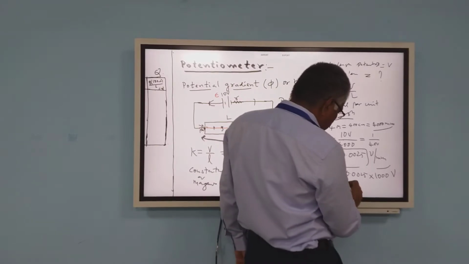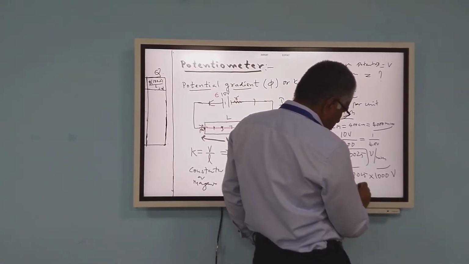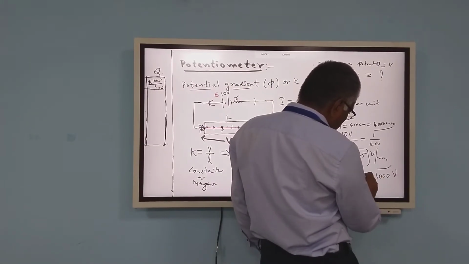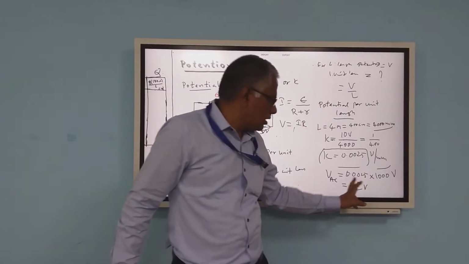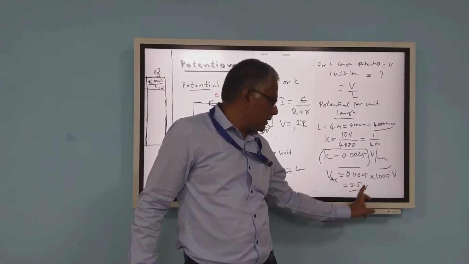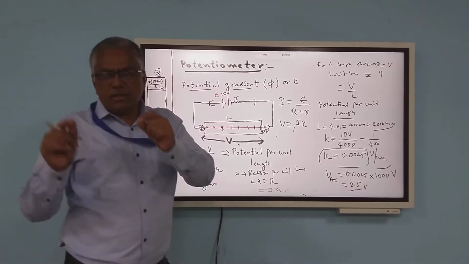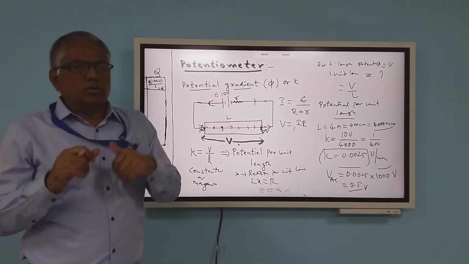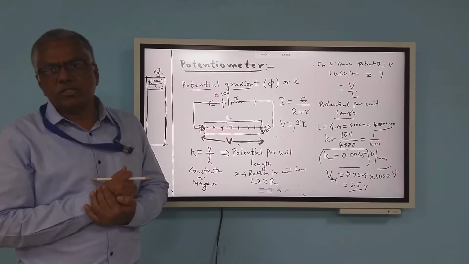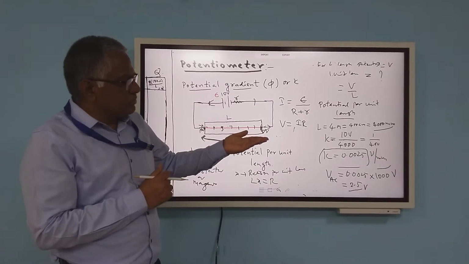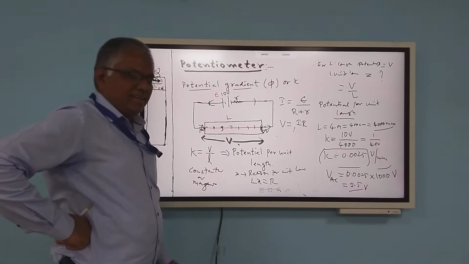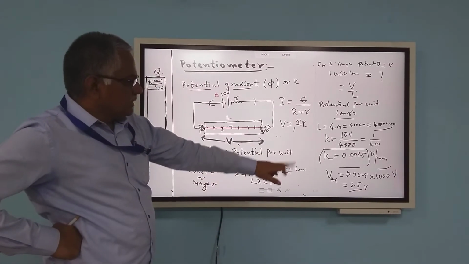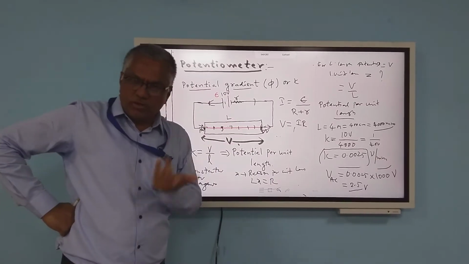Three zeros will go, so it is 2.5 volts. For 100 centimeters, the potential drop is 2.5 volts, and for 400 centimeters, 10 volts. People often get confused about this.